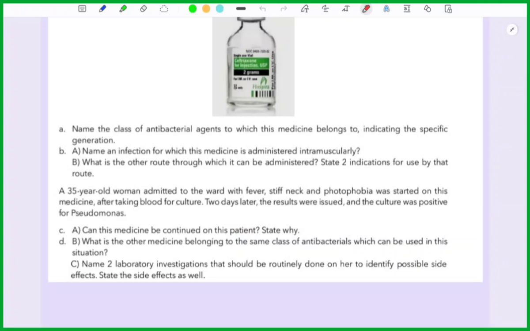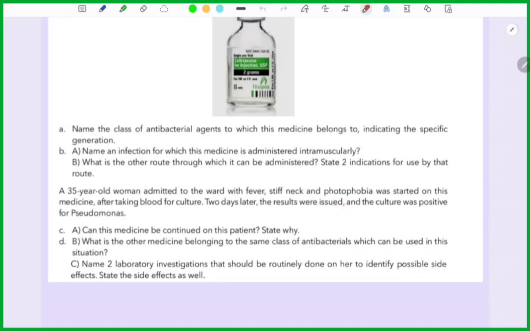Then they ask, what is the other medicine belonging to the same class of antibacterials, that means cephalosporins, to be specific third generation cephalosporins, which can be used in this situation. Normally third generation cephalosporins cannot act against Pseudomonal infections. They are good for meningitis, but not for Pseudomonal meningitis.